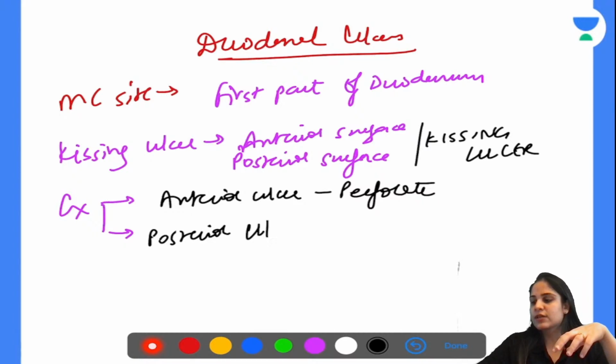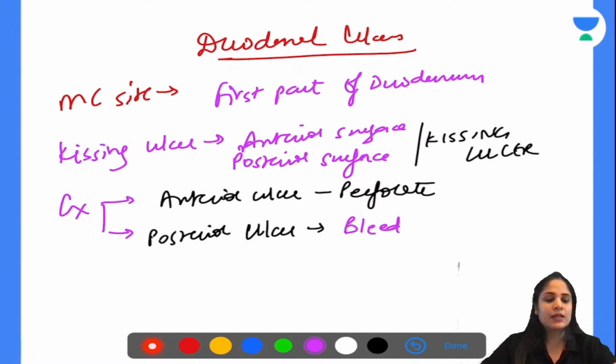So your left gastric artery and your splenic vessels, it will go into the arteries and it will bleed. So anterior perforates and posterior bleeds. It can even penetrate into the pancreas that is just below, but mostly it bleeds. That's what they ask in the exam. It's one of the major places where they try to confuse you for the exam.